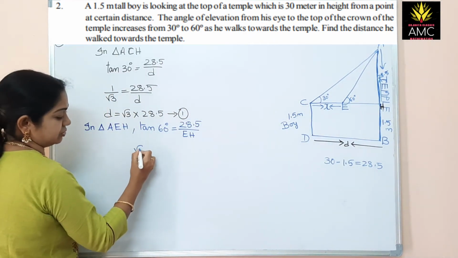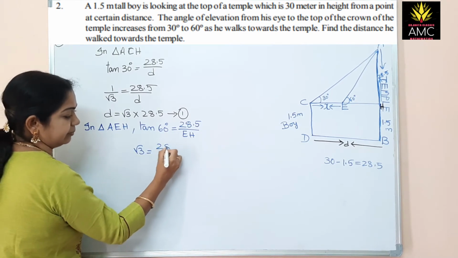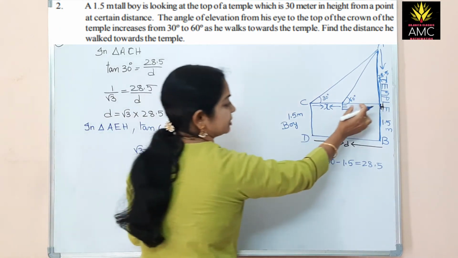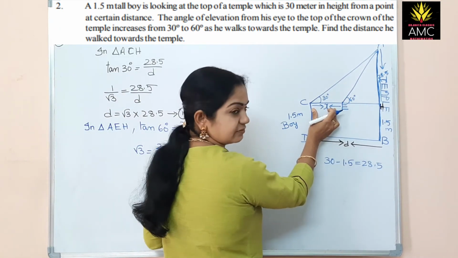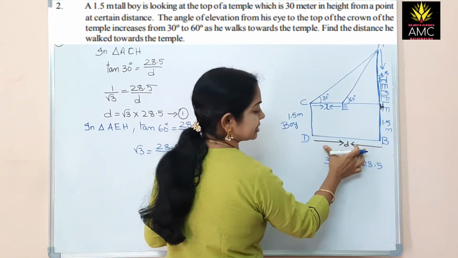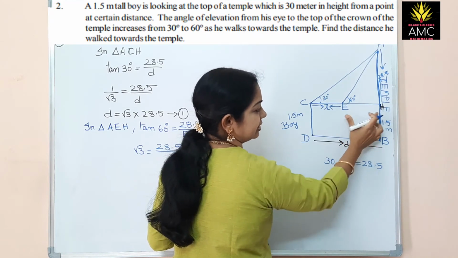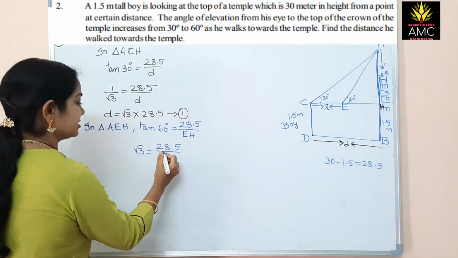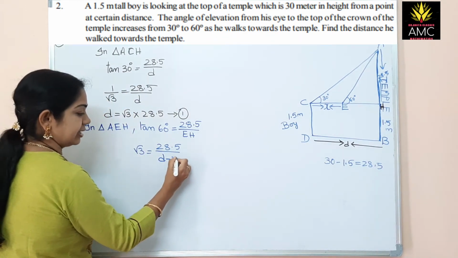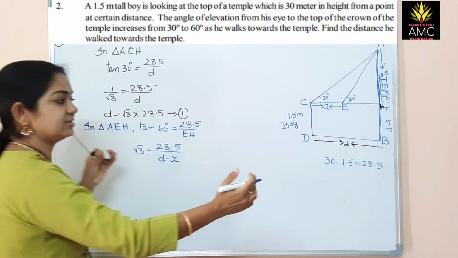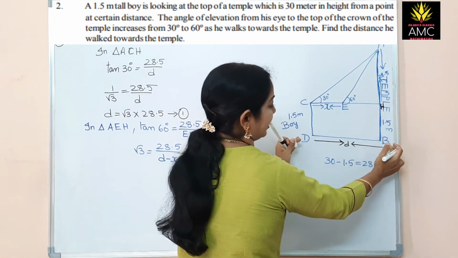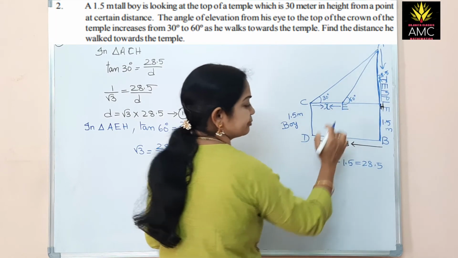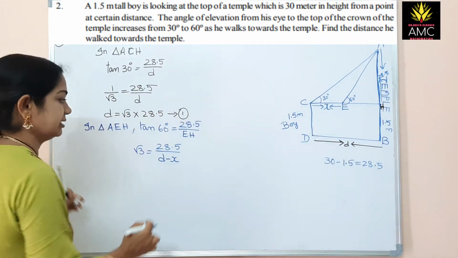Tan 60 is root 3, so root 3 is 28.5 by EH. We did not mention EH yet. We have supposed this as x and this as D. So EH is D minus x. The complete D is the distance between the temple and the boy, and x is the part where the boy has moved, so D minus x is EH.